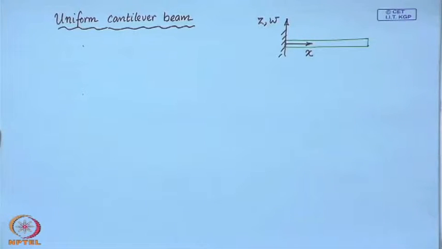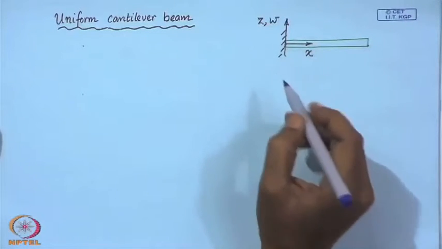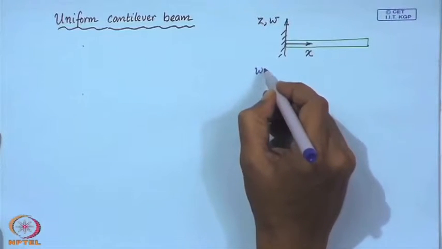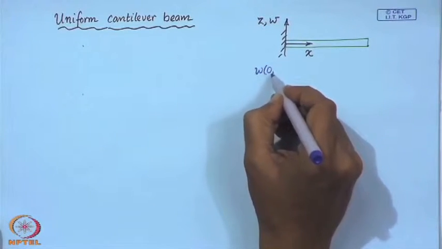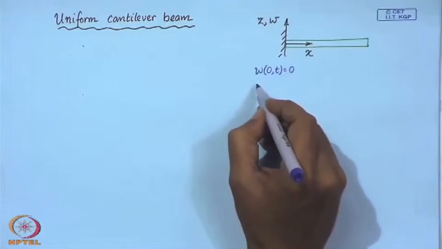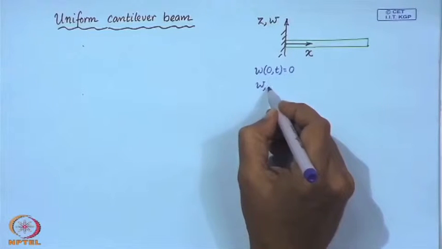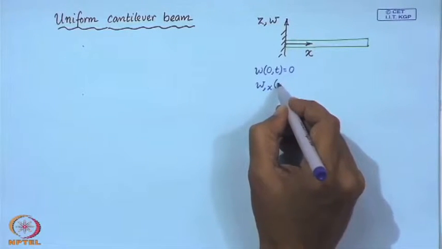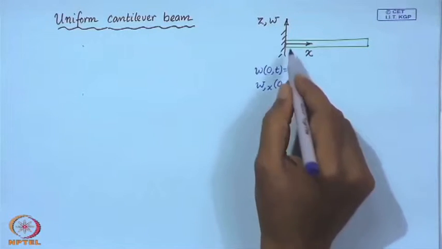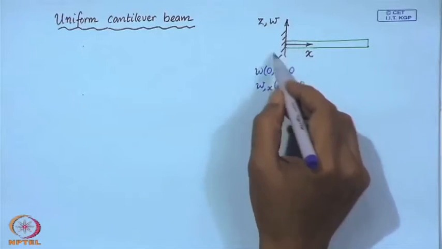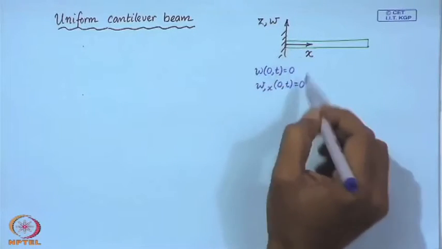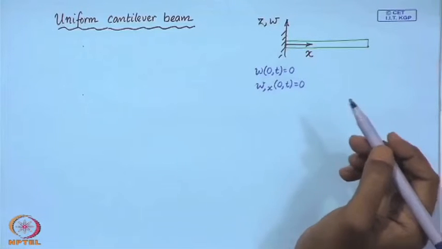Now, in this case the boundary conditions are given by, on the built in end we have displacement 0 and the slope also 0.